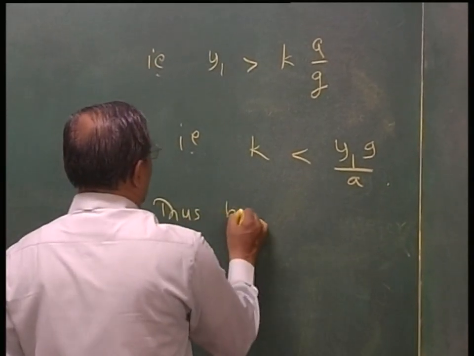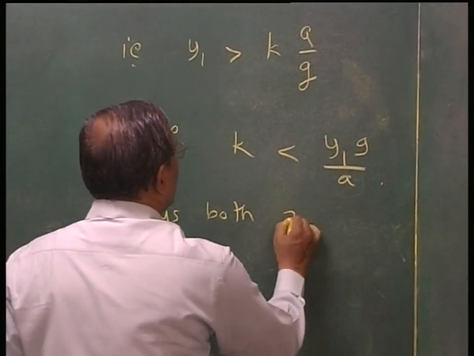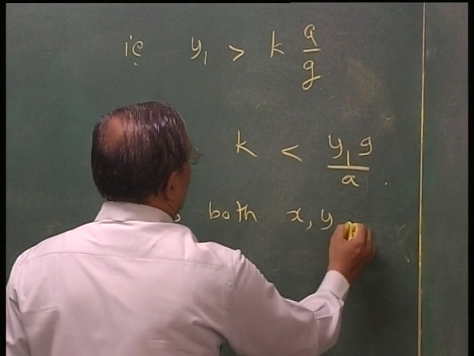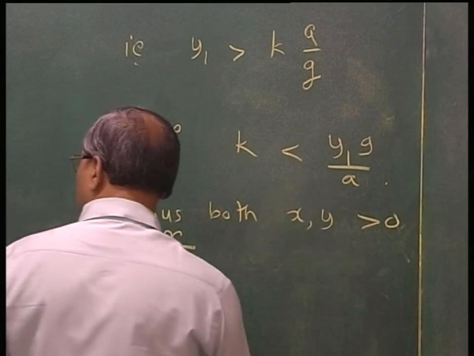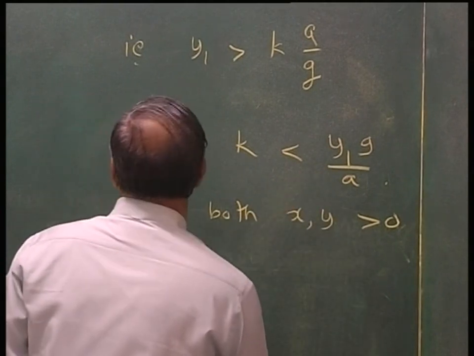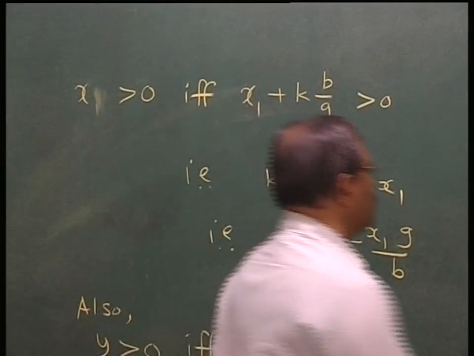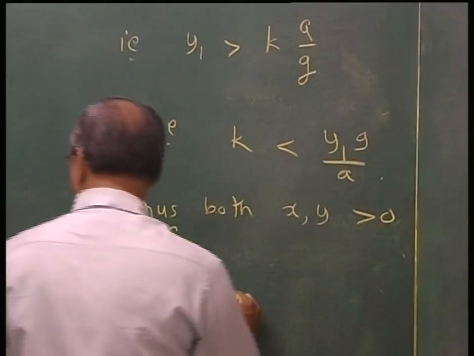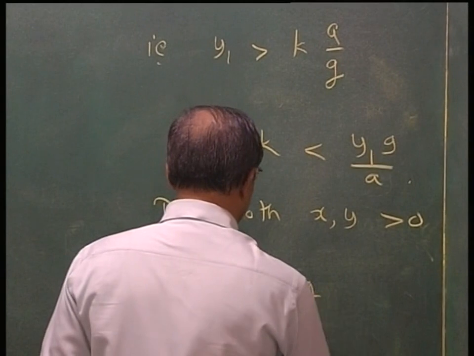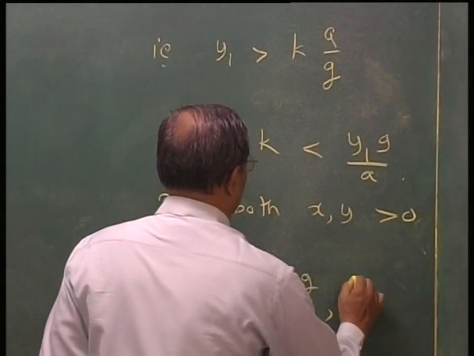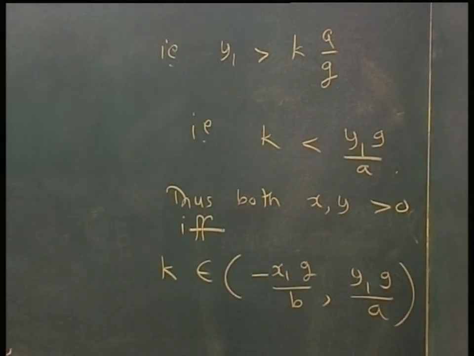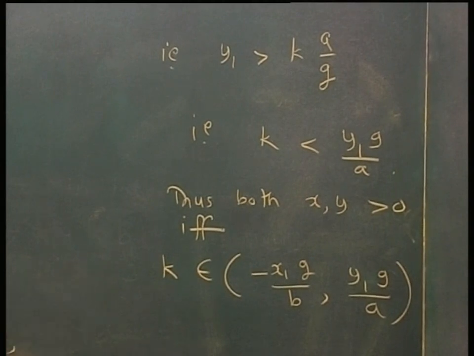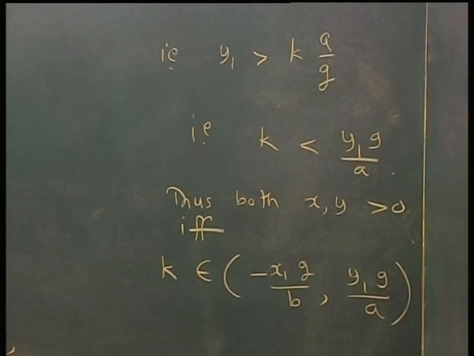Thus both x, y bigger than 0 if and only if k is bigger than minus x1 g by b. So we can say k belongs to the open interval minus x1 g by b and k is less than y1 g by a. k is in this open interval. k has to be an integer.